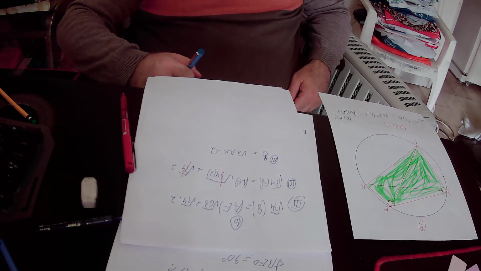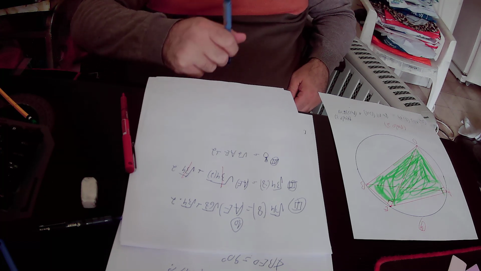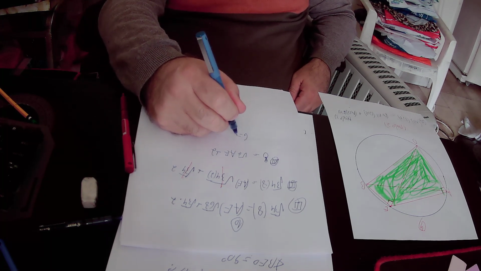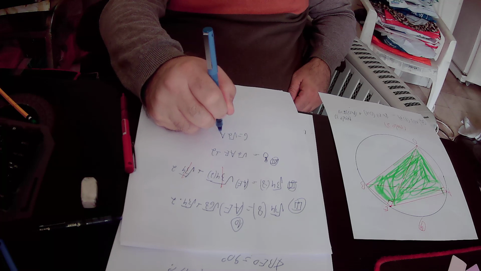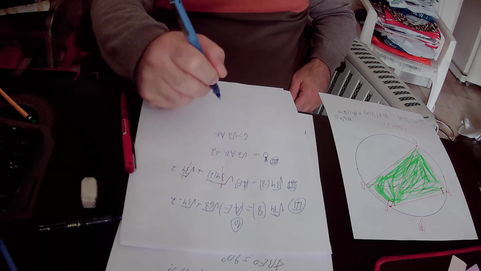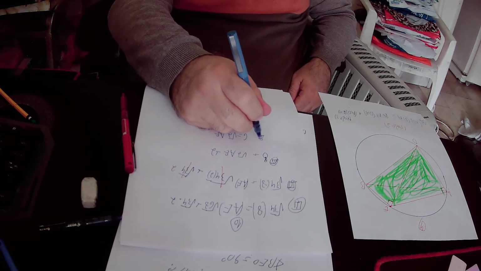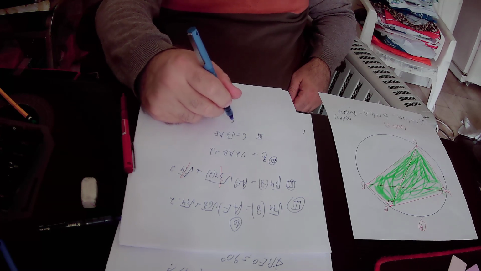So here we will subtract 2 from equation number 3 and we will get that 6 equals square root of 2 times AE. We will divide by square root of 2.